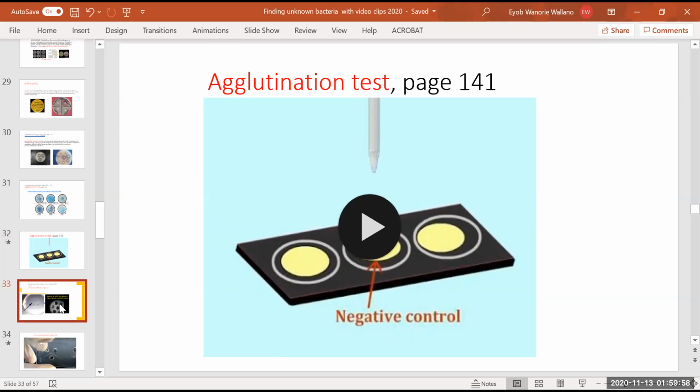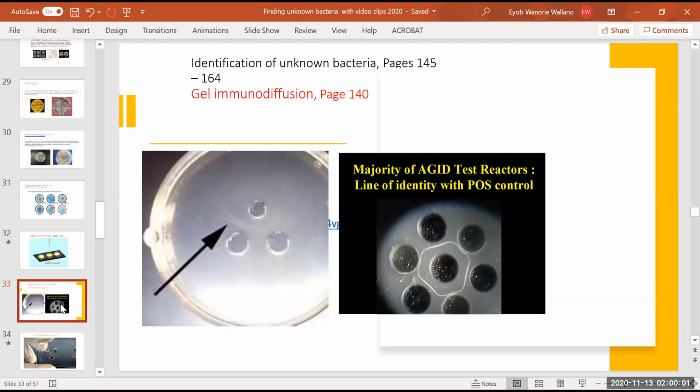I have it here now, gel immunodiffusion. It is like agglutination also. Why? Here in gel immunodiffusion, we are using antibodies. Look now. On one side, there is antigen. On the other, it is antibody. Antibody and then antigen, making precipitation between.